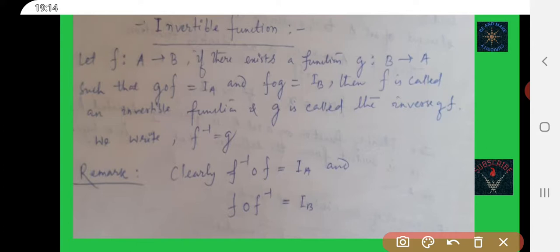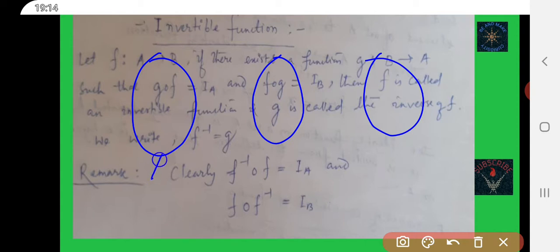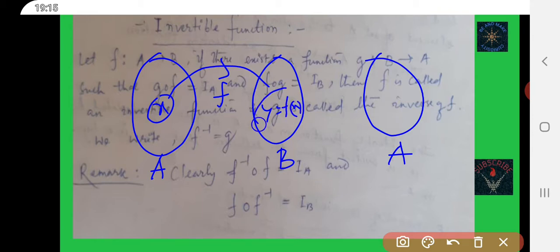So here the function f is mapping from, this is set A, this is set B, this is set A. Function f is mapping from A to B, where we get the unique element in set B, f of x, and g is mapping from B to A. Then we get the element g of f of x.